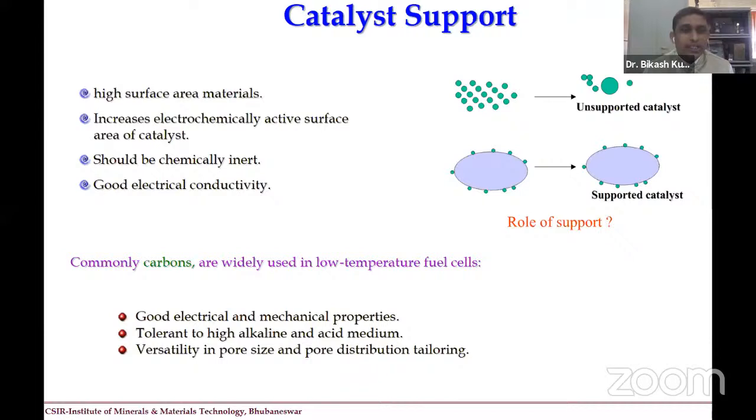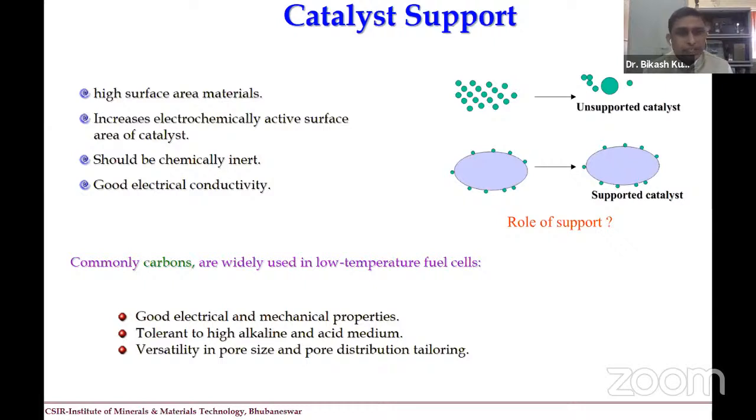And generally the carbon-based material is used as a catalyst support in low temperature fuel cells, because it has good electrical and mechanical properties, and they are really inert in alkaline and acidic medium at low temperature.